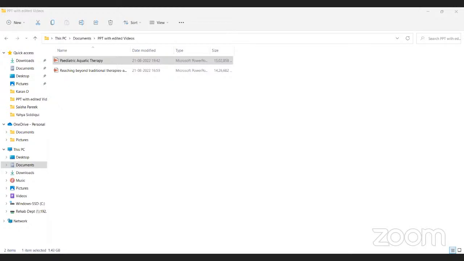Ma'am, what is coming on? The folder. By logging in from the mobile. The presentation file is selected, but it's not opened yet.